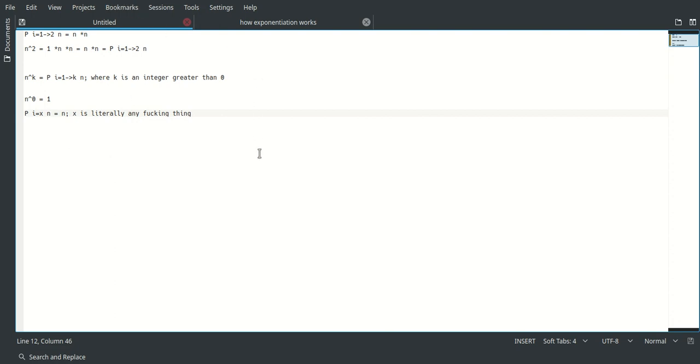Which means bijection doesn't work the way you think it does. And iterating operations doesn't work the way you think it does. And we already know exponents don't work the way you think they do. And yeah, we got all kinds of problems here with people who don't know what they're talking about, trying to tell other people what's up.